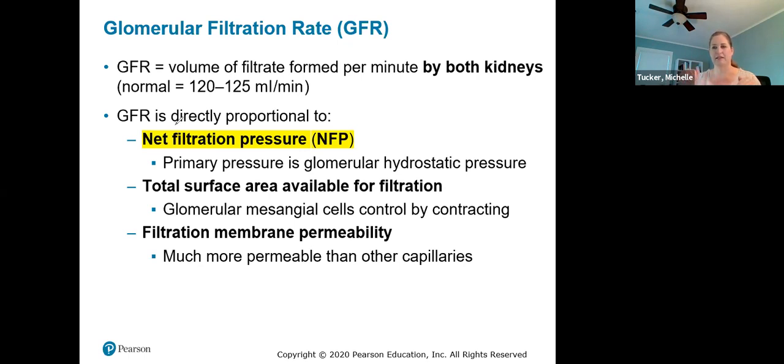And then the hydrostatic pressure of the capsular space is pretty consistent as well. So this is the main one, net filtration pressure. But the reason behind net filtration pressure is hydrostatic pressure of the glomerular capillaries.